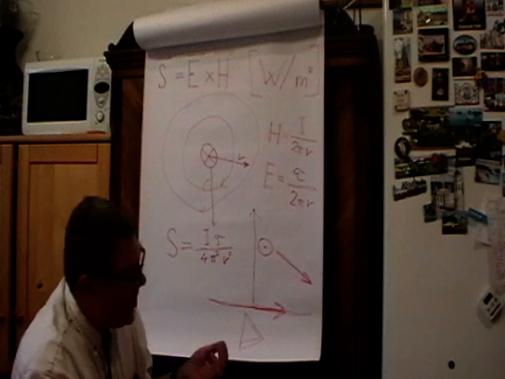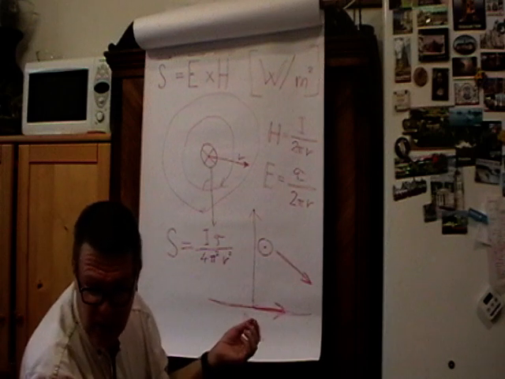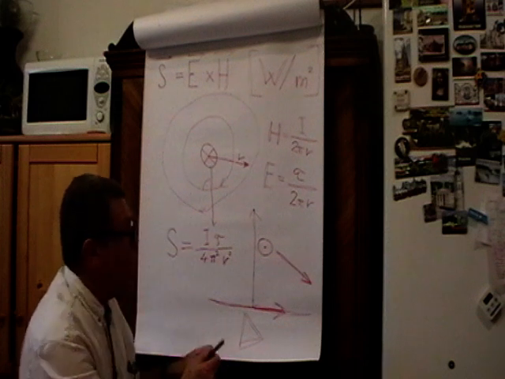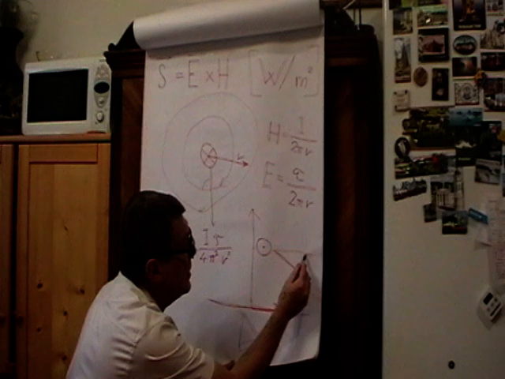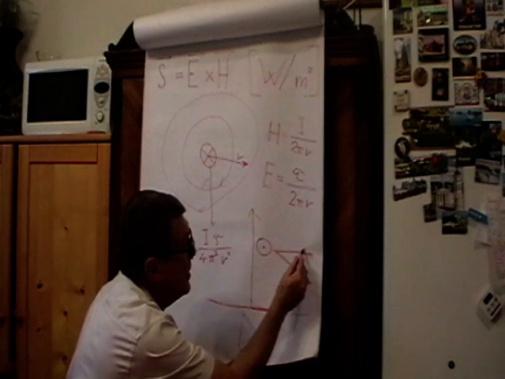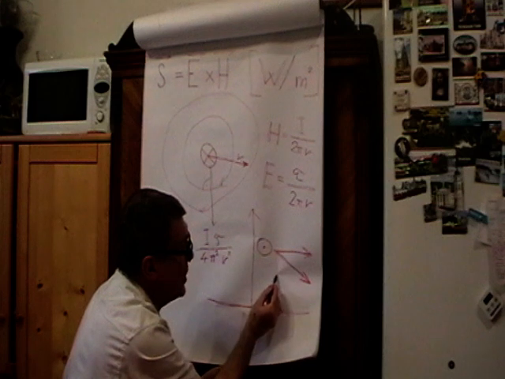In fact, we can decompose that Poynting vector into two parts. One is propagating along the conductor, as before, and the other propagates directly to the conductor.